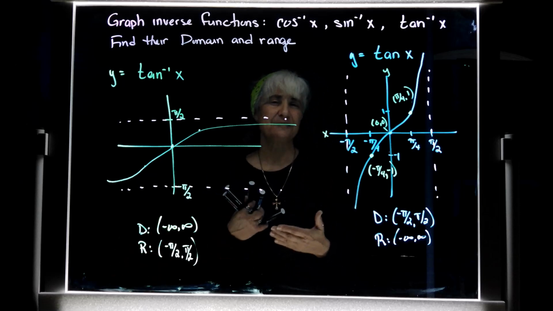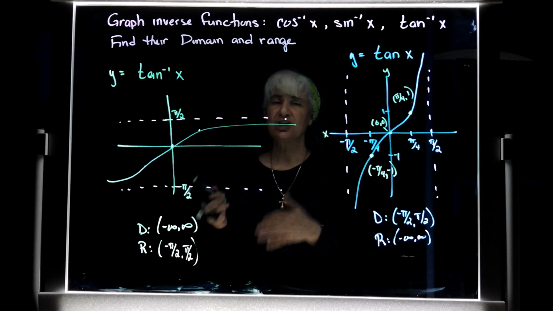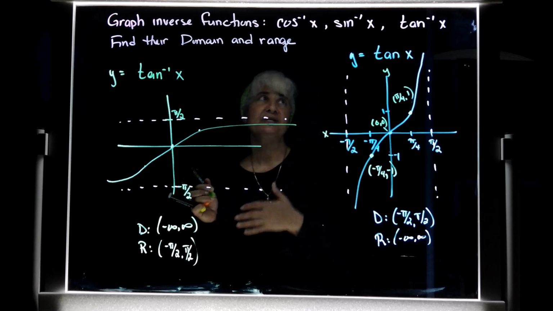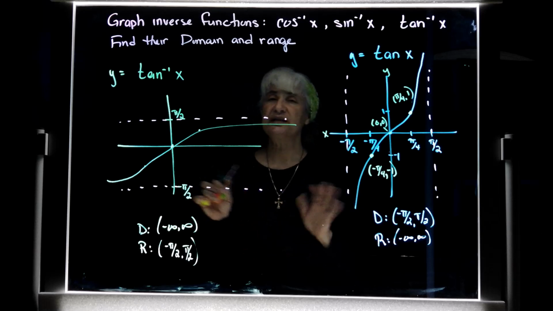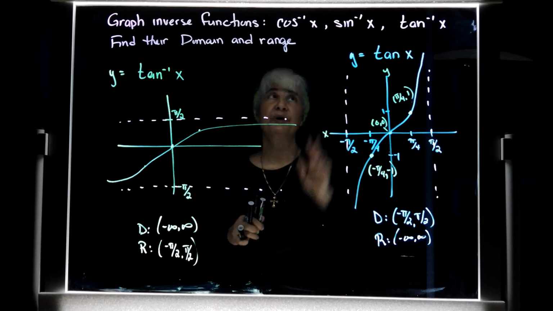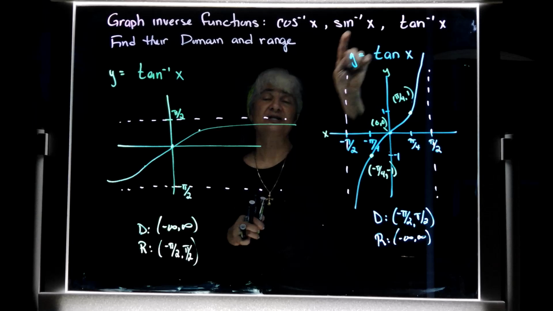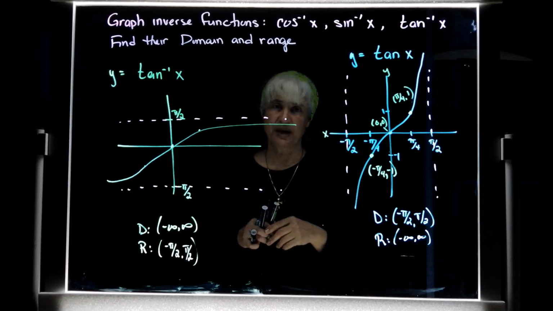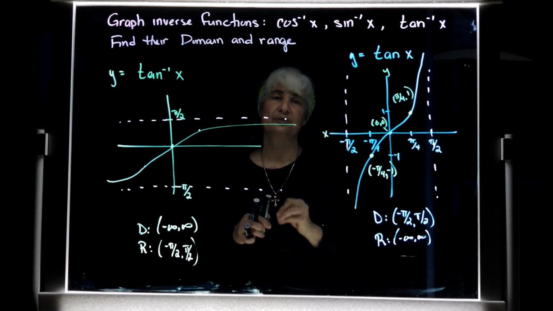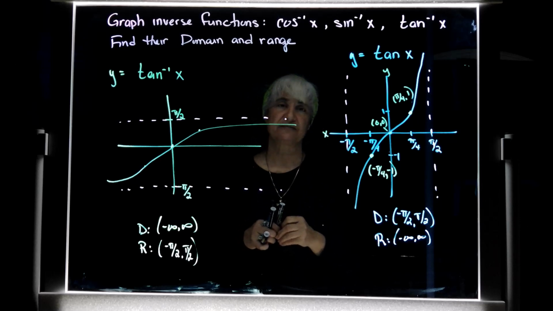Cool? Does that make sense? Okay, so graphing the arccosine, arcsine, arctangent really isn't that bad. But on the arccosine and arcsine, we had to limit the domain so we could make them 1-to-1 so they could have an inverse.